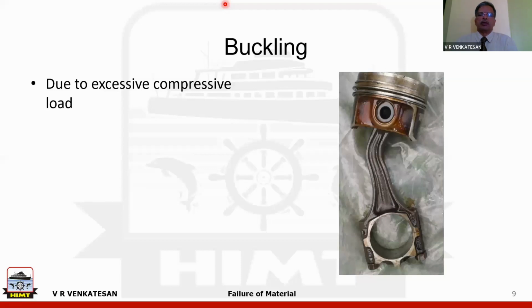The compressive load is too much, and due to this, the component has failed. So the connecting rod, instead of being straight, is bent. So you say you've got a bent connecting rod, and that has happened because of what is called buckling. And in this example, this buckling is due to hydraulic lock.